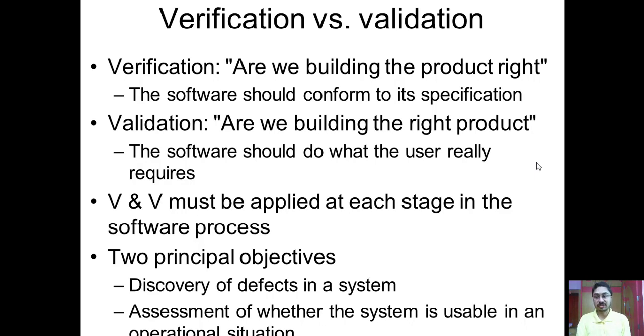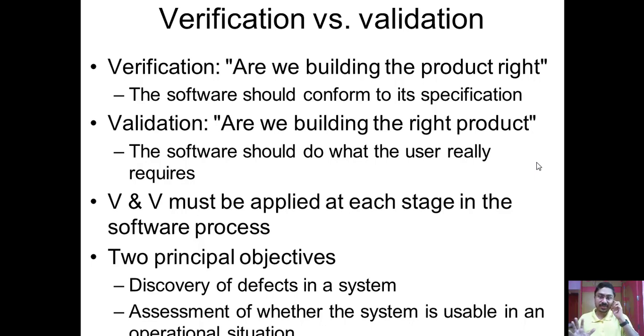Now, opposite to that, or we can say complementary to that, there is validation. In software validation, what we do is ask: are we building the right product? Whether the product I am developing is actually right in terms of the user's perspective, we are going to check in validation.